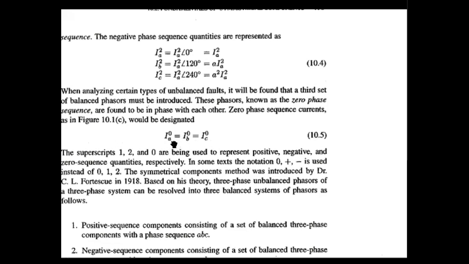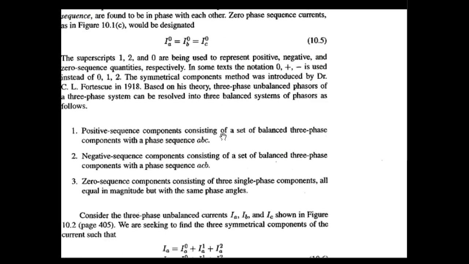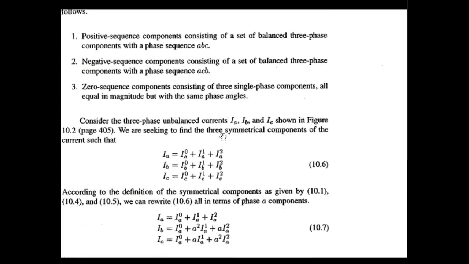Regarding the zero sequence, it is the same for all three phases. Also, the sequence components 0, 1, 2 can be added to get the resultant unsymmetrical quantity, right? These are the sequence component aspects.